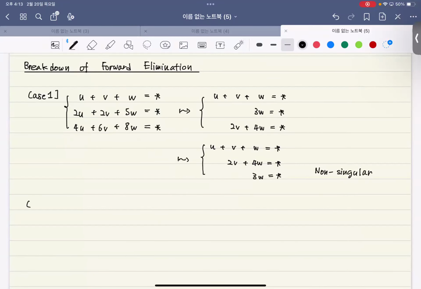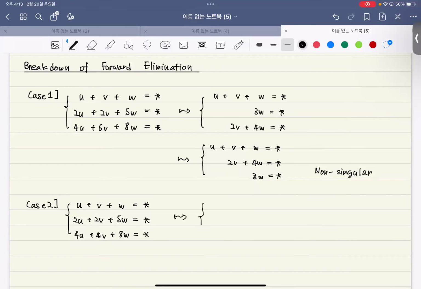However, the more fundamental problem arises in the second system. U, V, W, star; 2U, 2V, 5W. They are the same, but 4U, 4V, and 8W.